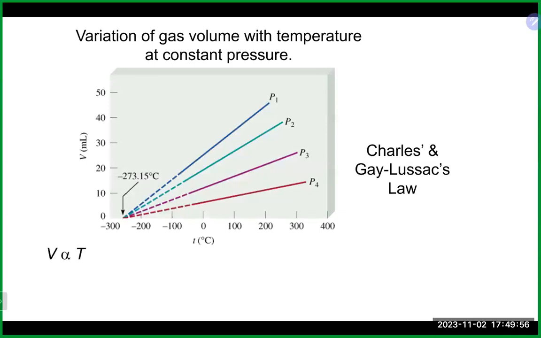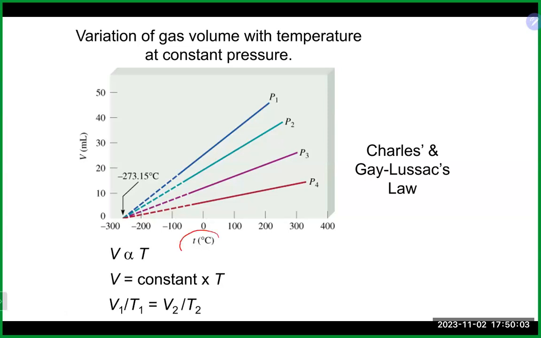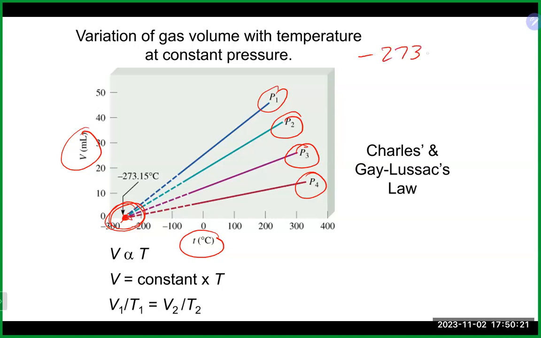So another relationship that comes out of this, a very important thing, is if you do a graph like we see here of temperature in Celsius and volume for any gases you choose, what you will see is if you extend the line back to the temperature axis there, they all hit exactly at the same number, and they all hit at minus 273.15 degrees Celsius is where they pretty much all will hit.